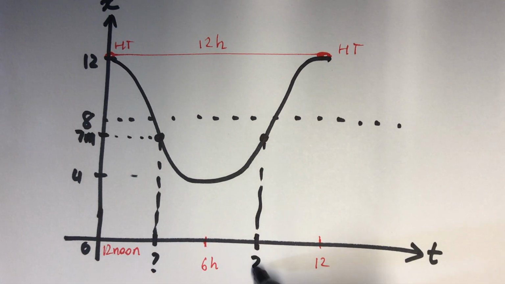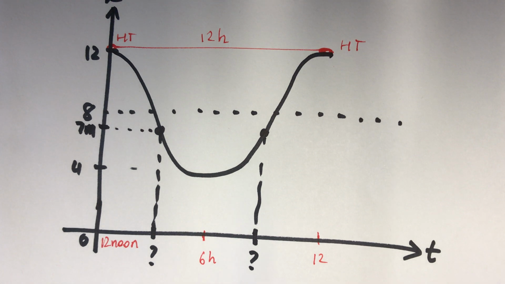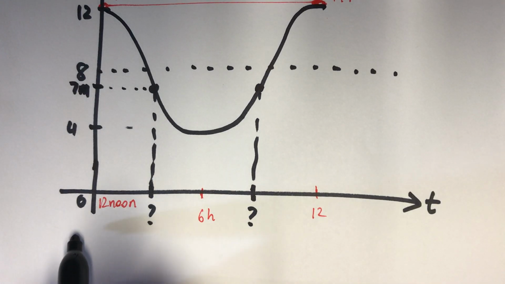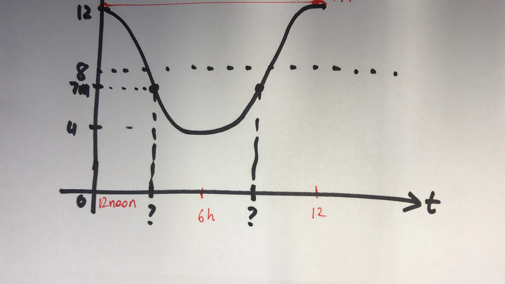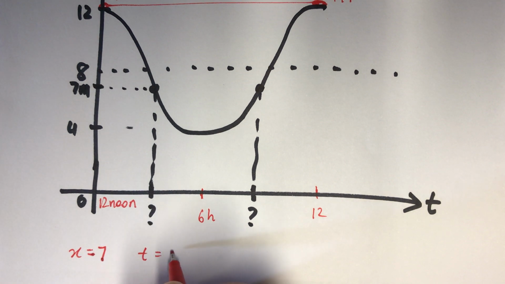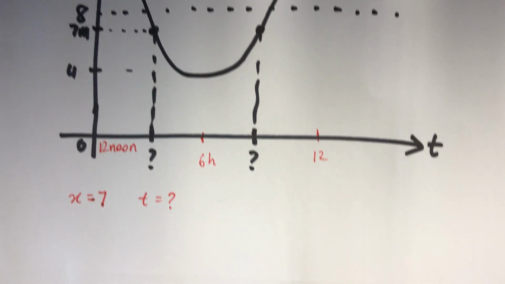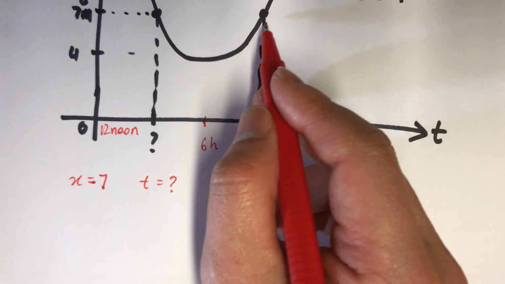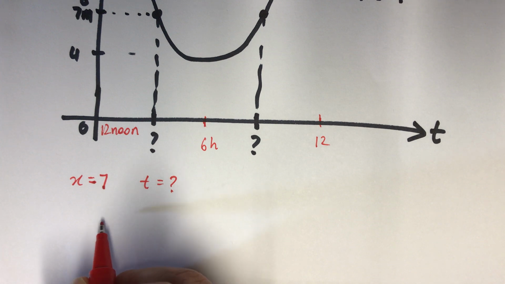That's the time interval we have to find to get in. So let's have a look. When x equals 7, what will t be? That's the whole question. That's what we have to find.